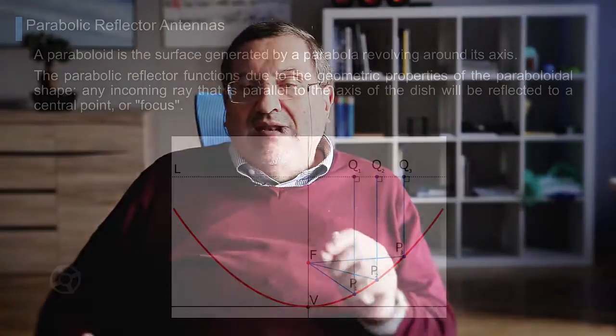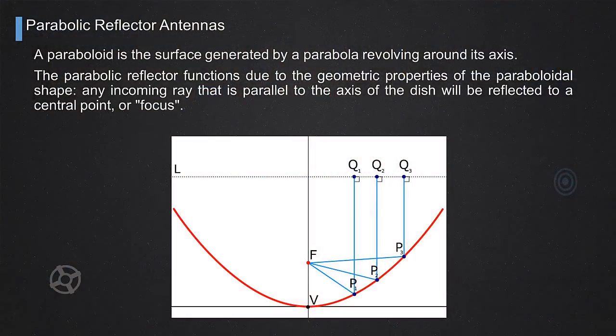So in this case we have these rays that are parallel rays reaching the reflector, and because of the mathematics of geometry of the reflector, they are all reflected and concentrated in the same point, and this point is just the focus of the parabola generating the paraboloid. So you see that we have obtained what we wanted. We are now concentrating the energy from the plane wave in the same point.